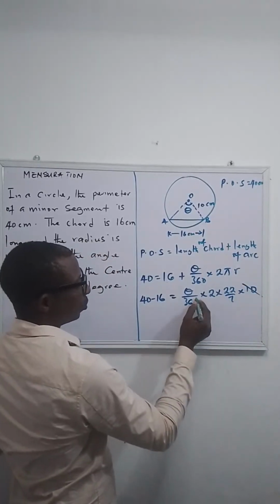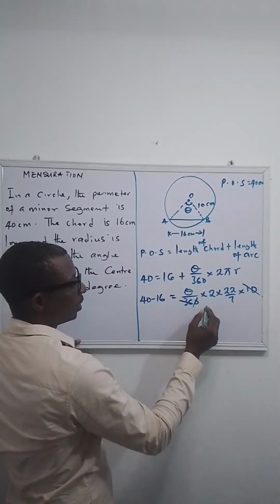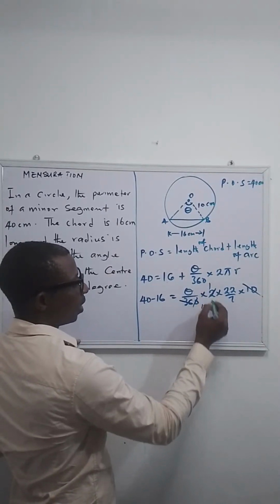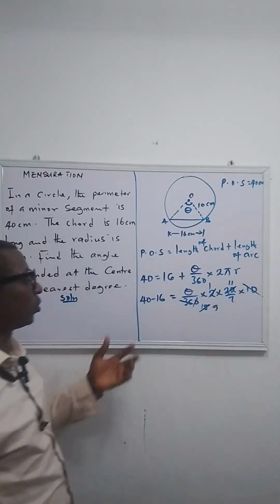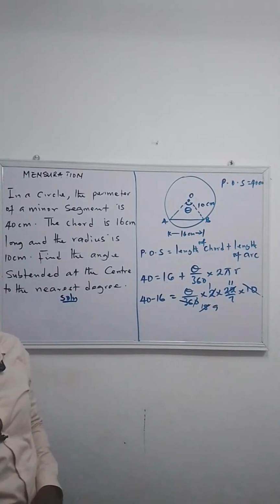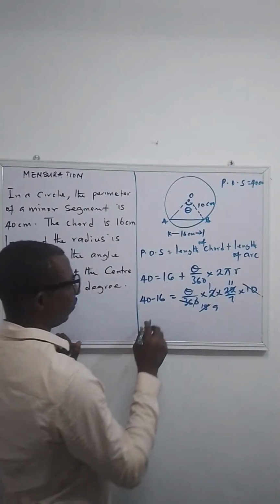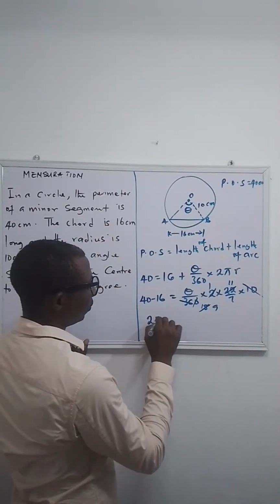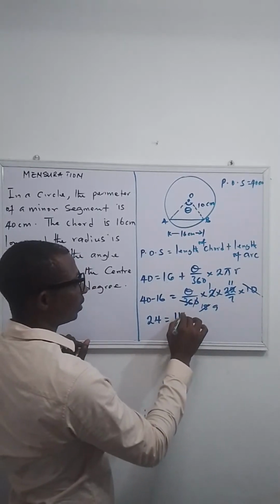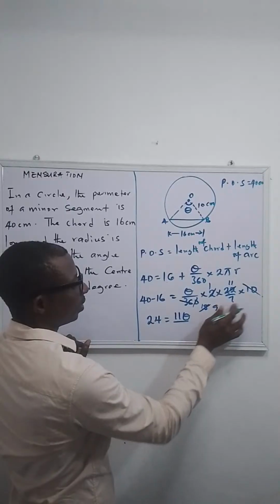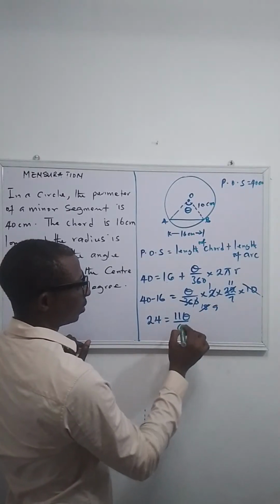So this cancels the 0 here. 2 goes into 18 nine times, 2 goes into 2 once, 2 goes into 22 eleven times. When you subtract, you have 24 equals theta times 11, that's 11 theta, everything over 63.